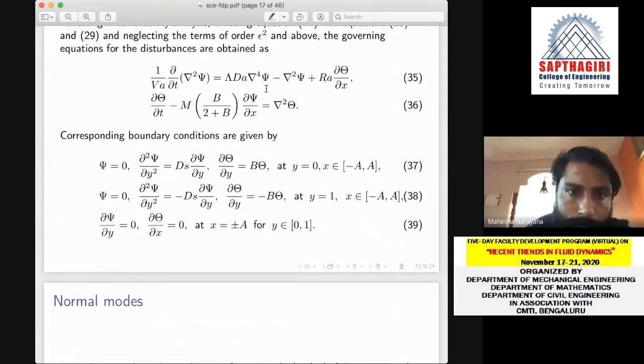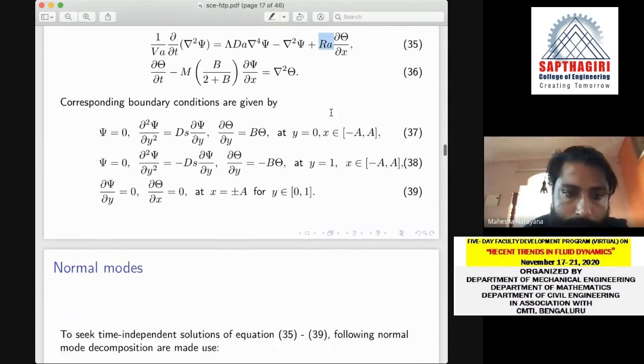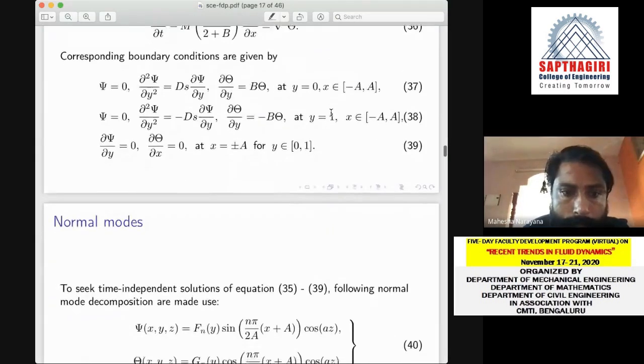As I was telling earlier, homogeneous differential equations subject to homogeneous boundary conditions give rise to what is called a boundary eigenvalue problem. And in this case, the physical parameter Ra, which is the Darcy-Rayleigh number, acts as the eigenvalue. Okay, and the corresponding solutions will be eigensolutions.